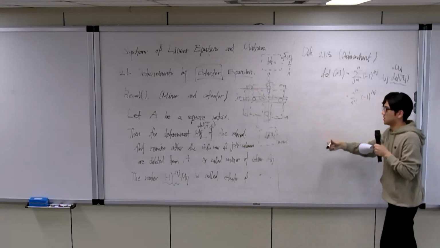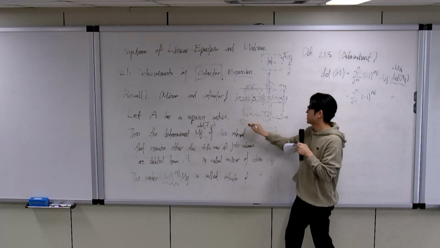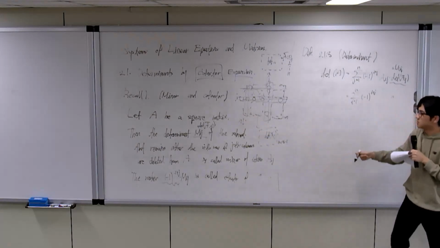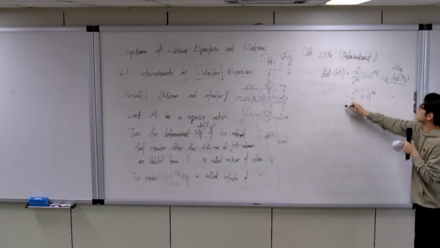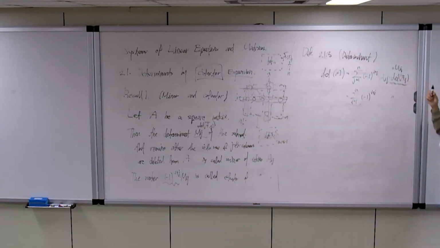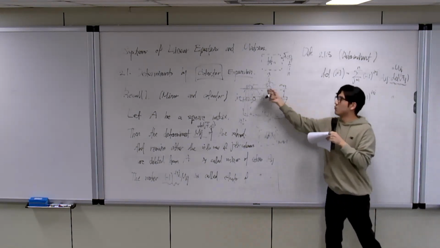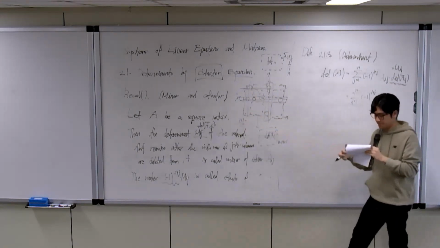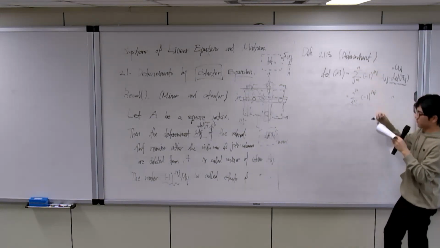So there are n factorial combinations of this choice, and this summation and this determinant will be given by n factorial terms, so it does not depend on where you choose. So the determinant is well defined.